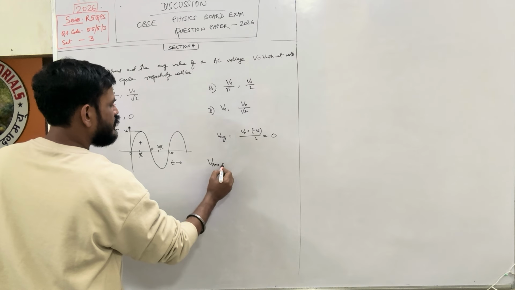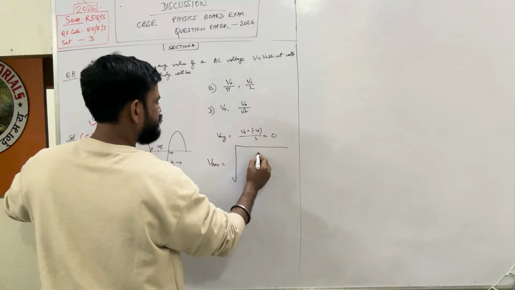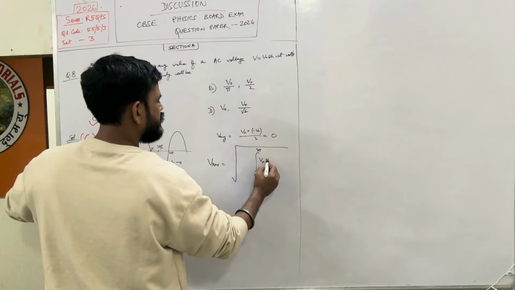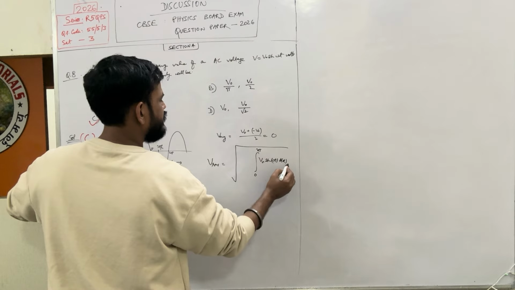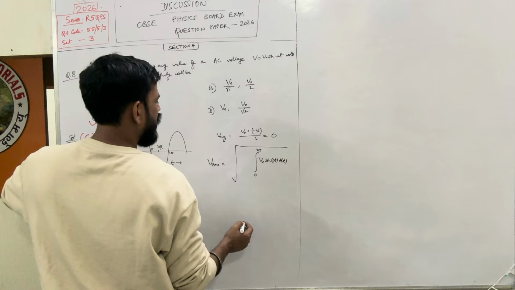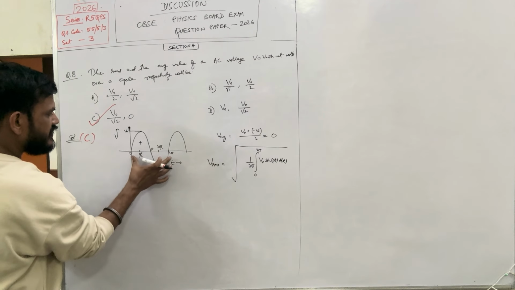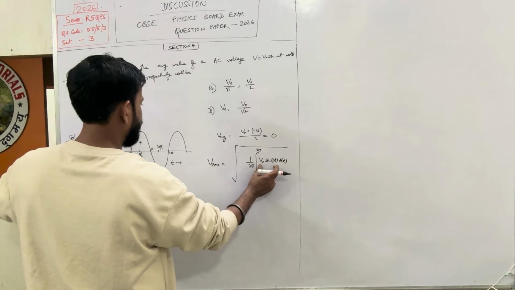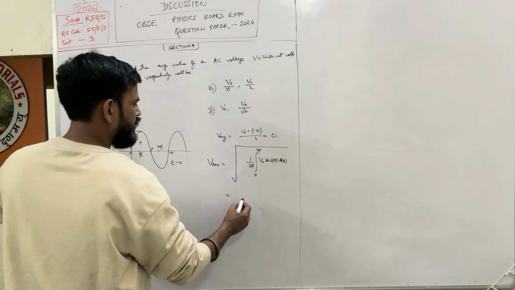V root mean square will be the square root of the integral of V naught sine omega t, squared, d omega t, divided by 1 by 2 pi. So we average over the whole cycle 0 to 2 pi and integrate this EMF over 0 to 2 pi.